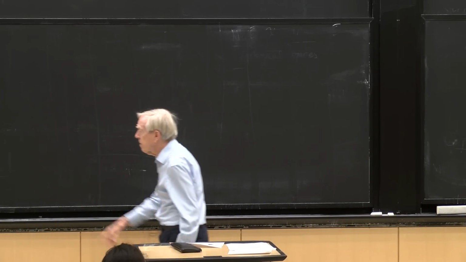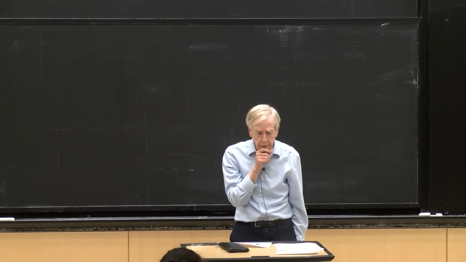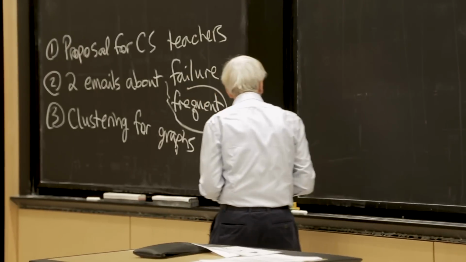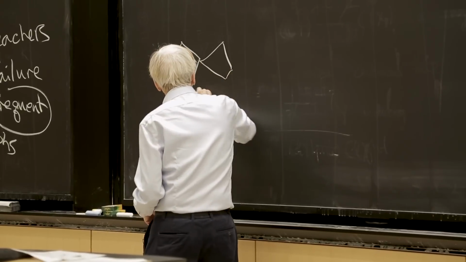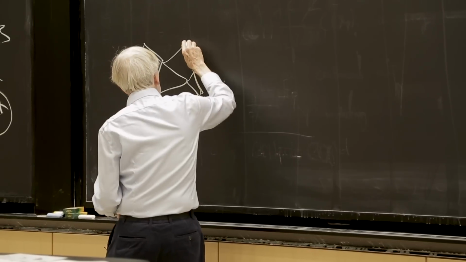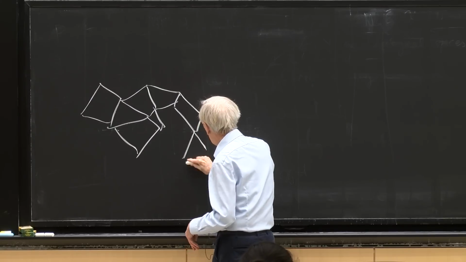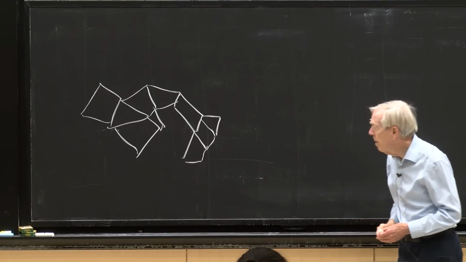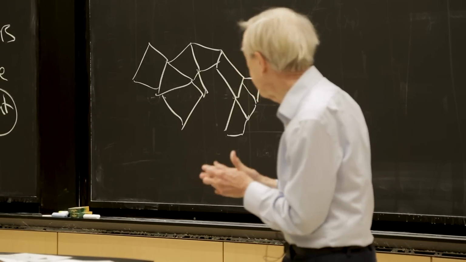Okay, now clustering for graphs. This is one of the important things you can try to do with a graph. So you have a large graph. Let me divide it into two clusters. You get a giant graph, and the job is to make some sense out of it.